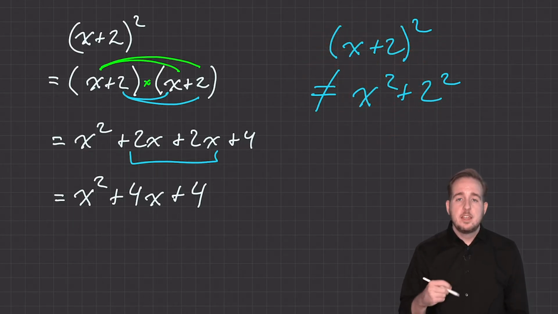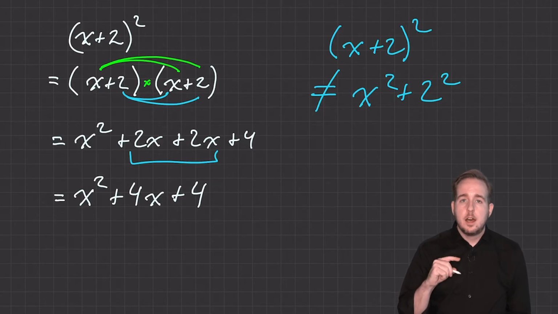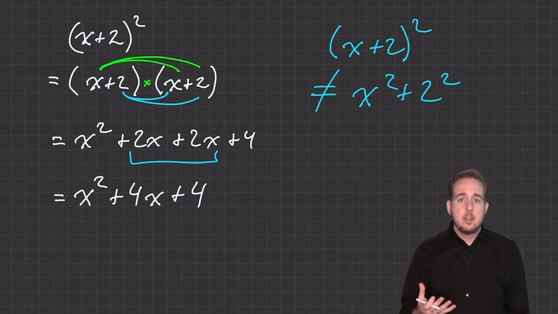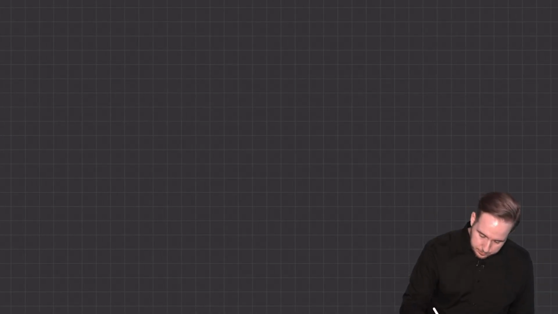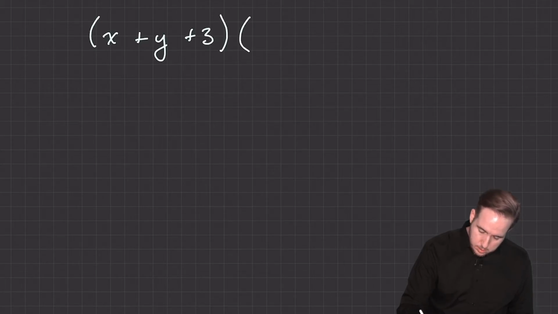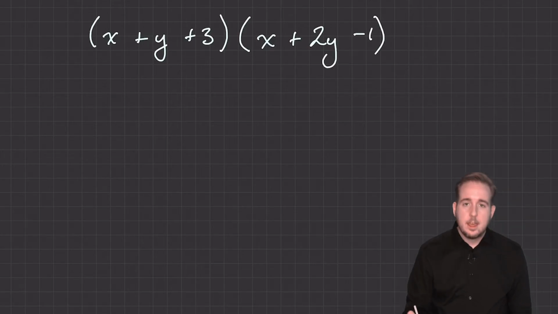Now what happens if I want to do maybe instead of binomials, trinomials? Okay, well, how about that?